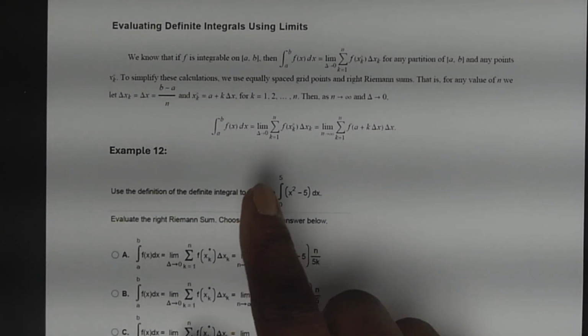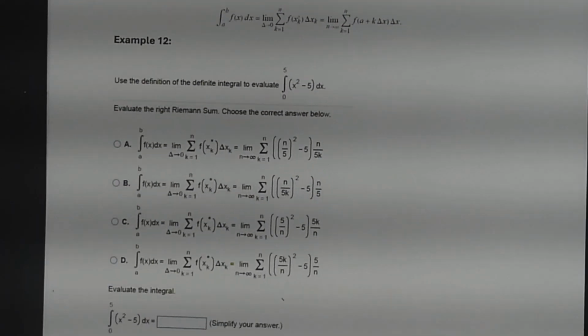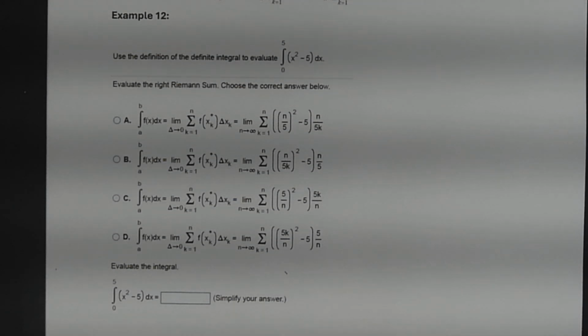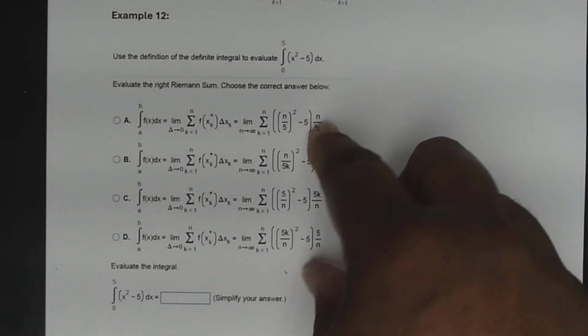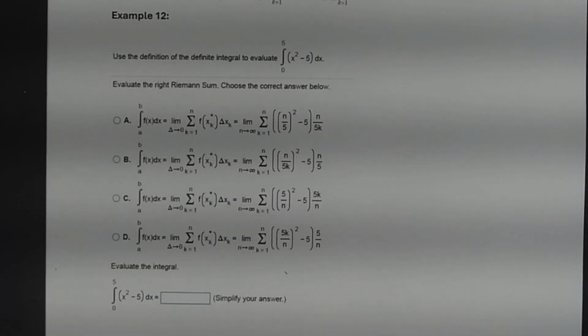Okay, so we're going to use these limits to find the integral from 0 to 5 of x squared minus 5 dx. Now here in this problem they give the setup for it, and then you have to simplify this out.